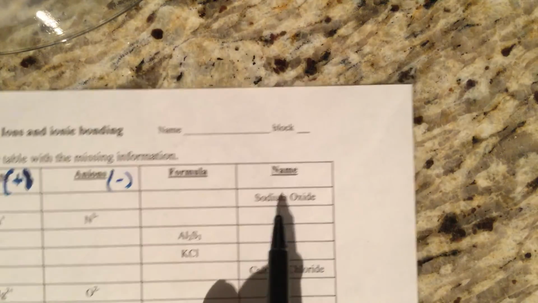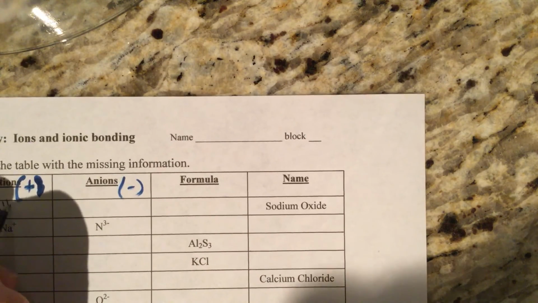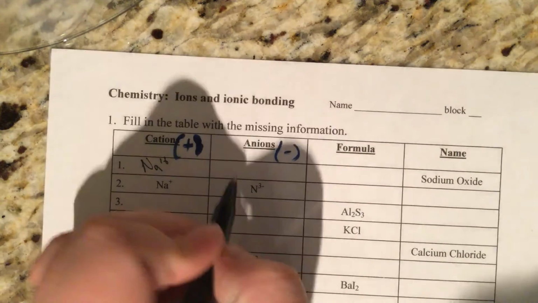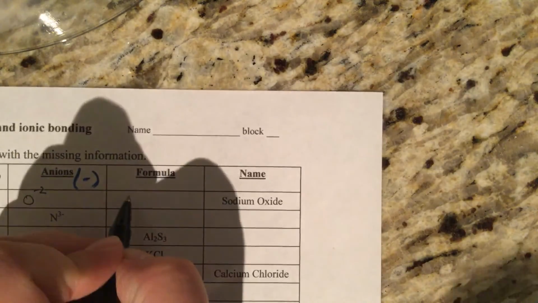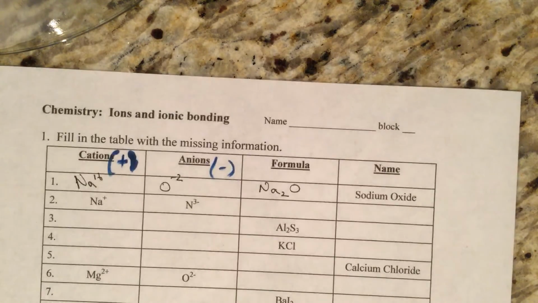So, sodium, go to the periodic table. We know that sodium is a +1. Oxygen from the periodic table for the anion is a -2. Formula, Na2O. So that's how you do that one.